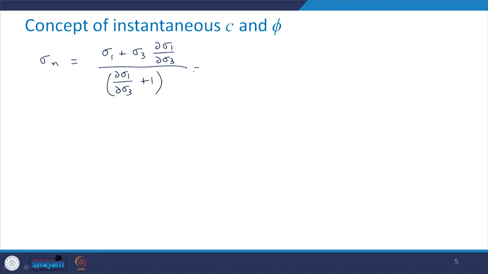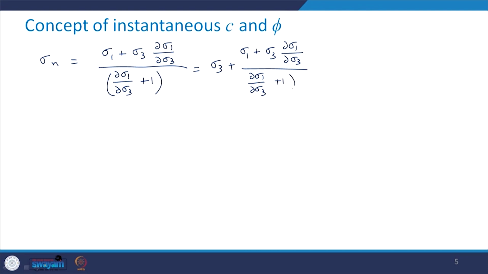We can further play with the terms in order to get a better form of this equation. That is, I add sigma 3 and also I subtract sigma 3 from this expression in this manner.